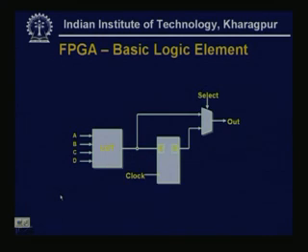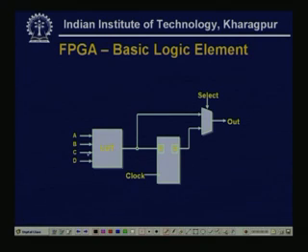Now, this is one very simple or basic logic element. Say I have one lookup table. Say it has 4 inputs, A, B, C, D. So, there are 4 input variables A, B, C, D which are the inputs of the lookup table.